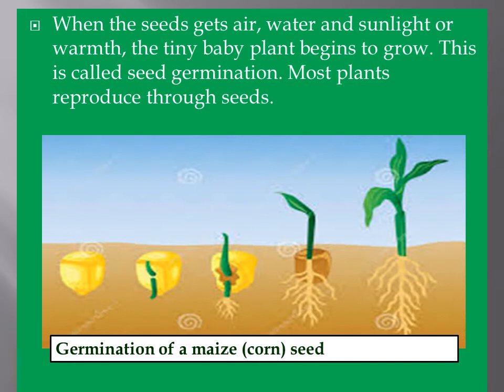This is called seed germination. Most plants reproduce through seeds. Just look below the picture here, how a corn seed is growing into a plant.